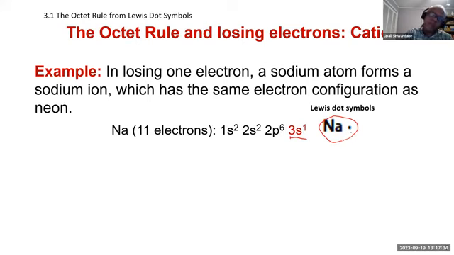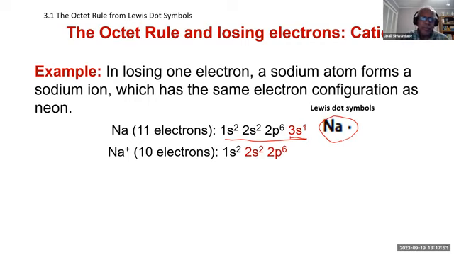Lewis came up with the Lewis dot symbol even before we knew about the electronic configuration. Therefore, that is a leap in the knowledge before we really figured out what was leading to the Lewis dot symbol. So sodium loses 1 electron and it becomes that electronic configuration. That is neon.